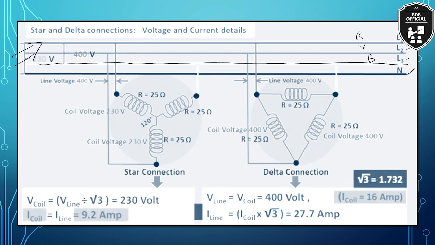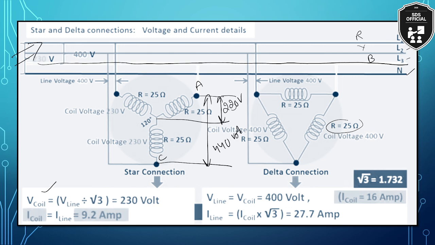So this is a typical example where the resistance of each coil is taken as 25 ohms, but I can still generalize it. The voltage of a particular coil in a star connection will be 230 or 220 volts. If we obtain voltage between points A and C, we will obtain around 440 volts.